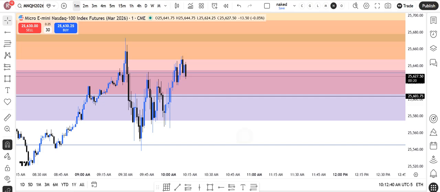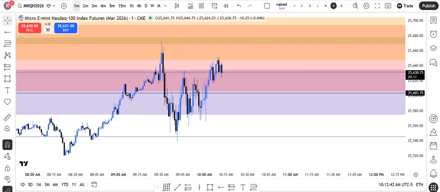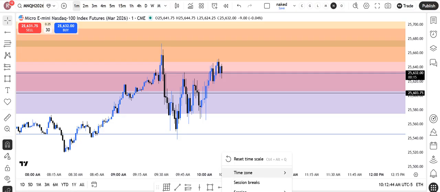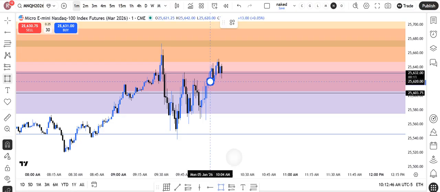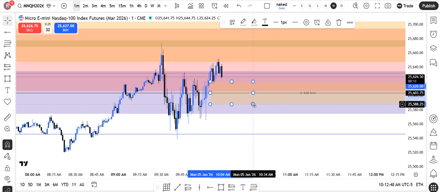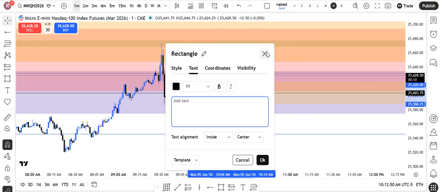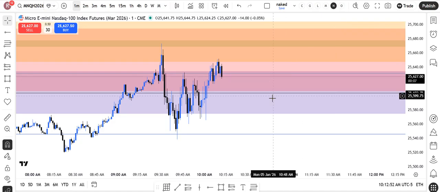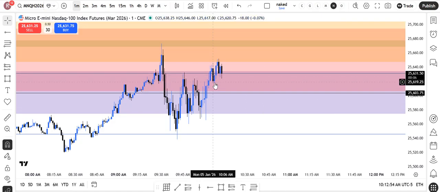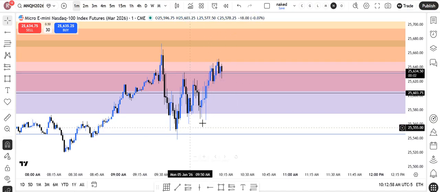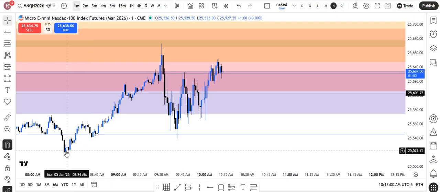So, starting to roll over here. Oh, geez, I didn't mean to do that. What I would like to see it do is, like I said, see if it can get below this low. And if it can, I want to see it gravitate towards these lows, this low, and ultimately down here.